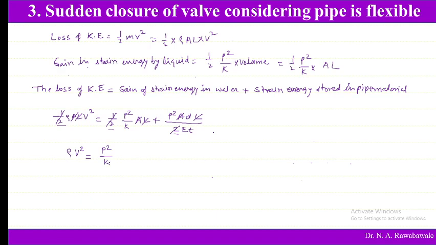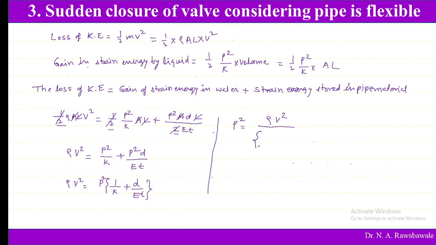plus P square D divided by ET, or rho V square is equal to P square in bracket 1 by K plus D divided by ET. P square is taken common, so P square is equal to rho V square divided by, the bracket being transferred, 1 divided by K plus D divided by ET in the denominator.